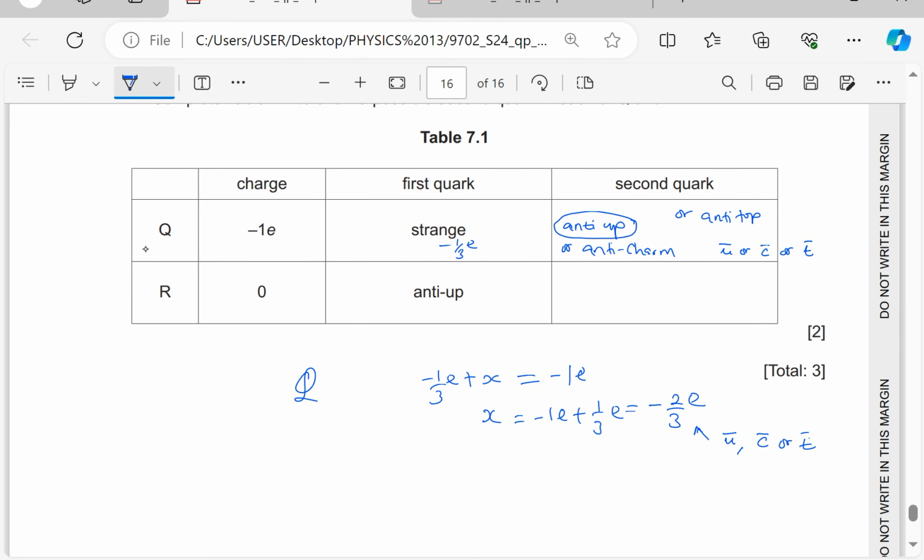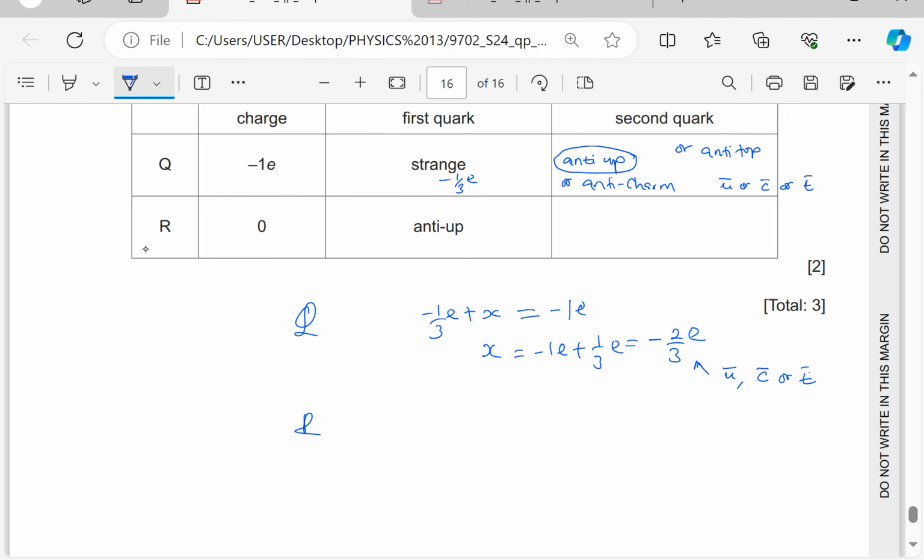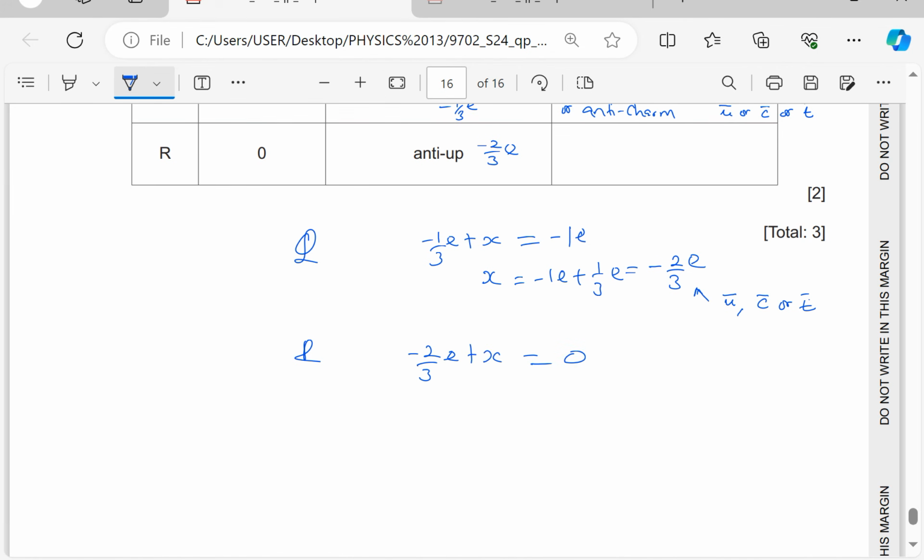Then for R, the charge of an anti-up we have already seen is negative 2 over 3e. So one particle has negative 2 over 3e plus x should give us 0. So x is equal to positive 2 over 3e. Which particles have positive 2 over 3e?